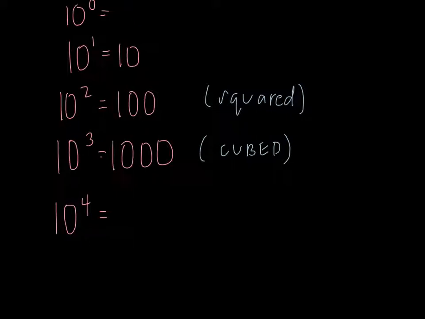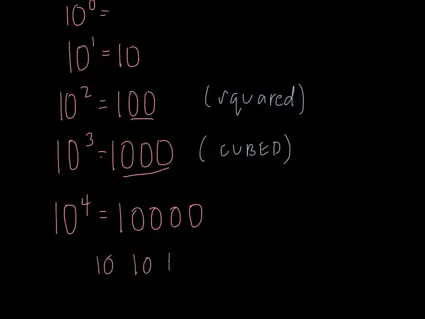So if we look at our pattern here, I know 10 squared, or 10 to the second power, is equal to 100. 10 cubed, or 10 to the third power, is equal to 1,000. And knowing the trick I mentioned about the zeros, I can guess that my pattern means that 10 to the fourth power will have 4 zeros, which means that I would write 10 4 times to multiply it out.